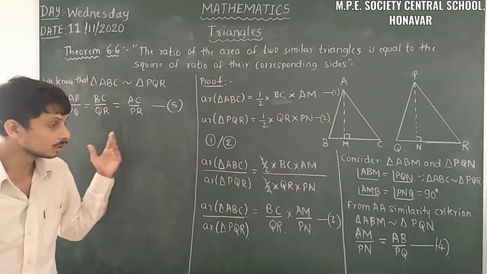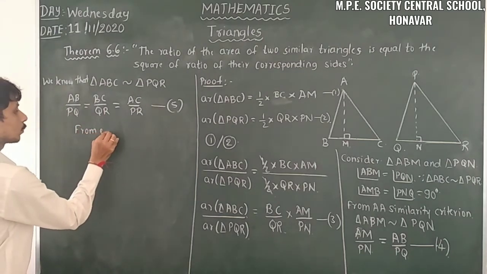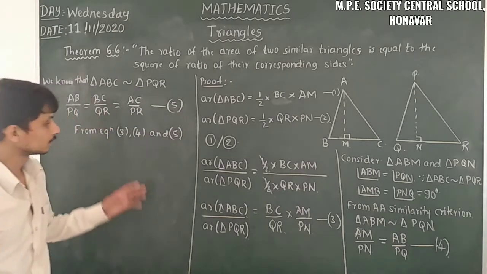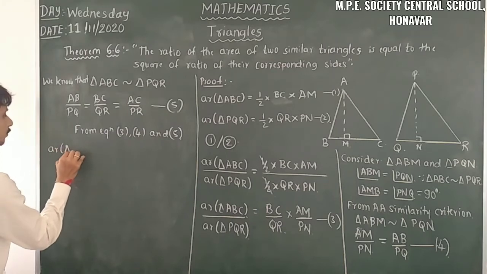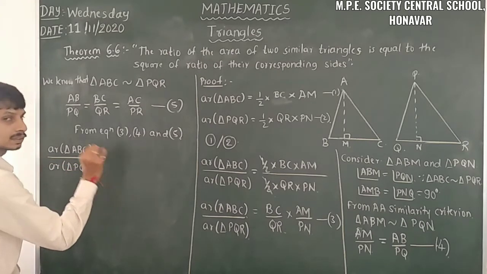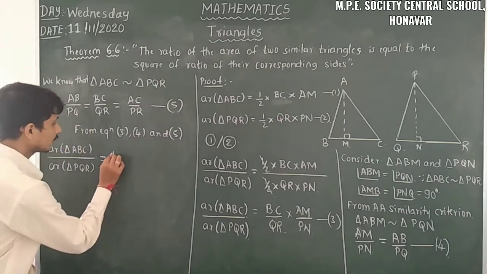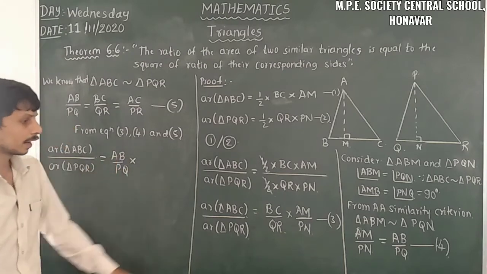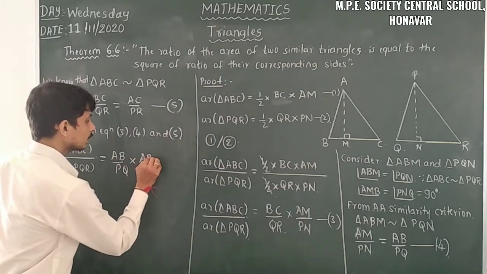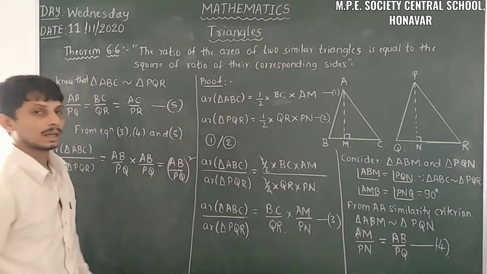So from equations 3, 4 and 5 we can take area of triangle ABC divided by area of triangle PQR, which is equal to AB by PQ into AB by PQ, so AB by PQ whole square.